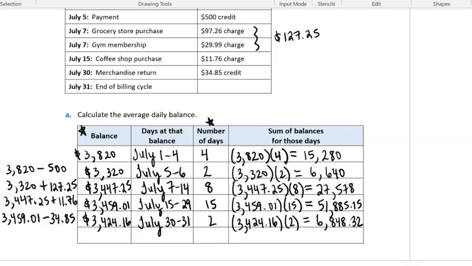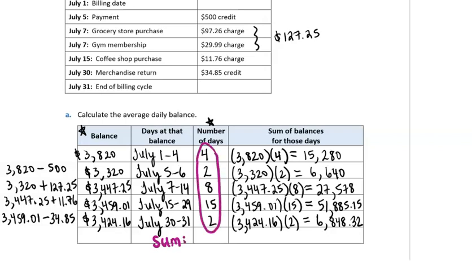To find the average daily balance, we will need to calculate the sum of the number of days, which ends up being 31. And that makes sense because there are 31 days in July, which is this billing cycle. So that should match.